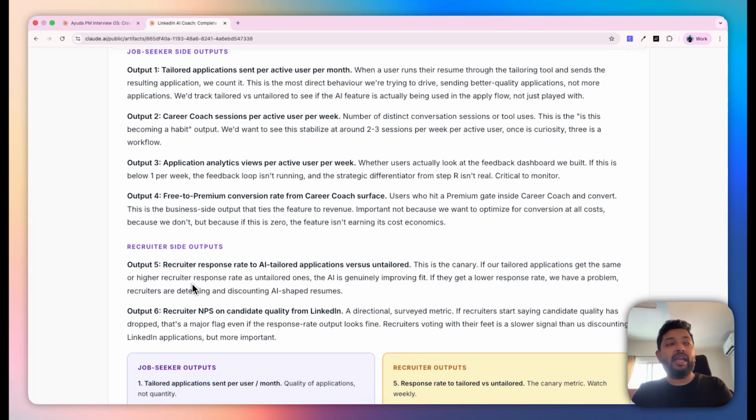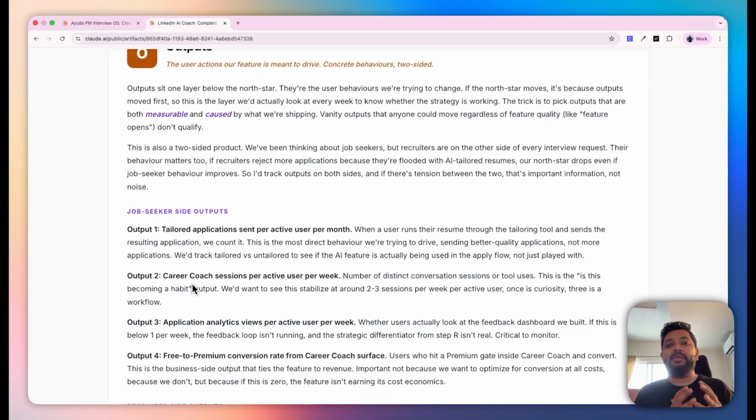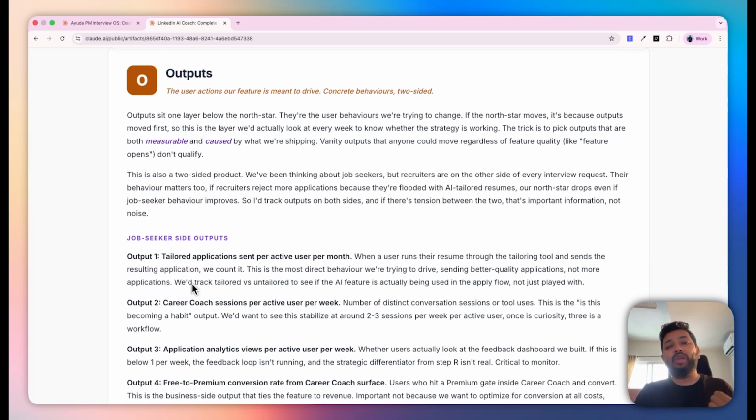Similarly, on the recruiter side, you would have outputs around recruiter response rate, how fast the recruiter is responding, then the recruiter NPS. You can add more as well, the number of candidates shortlisted, the number of interviews taken, and so on and so forth. So essentially the same piece that we discussed yesterday, which is how do you write outputs?